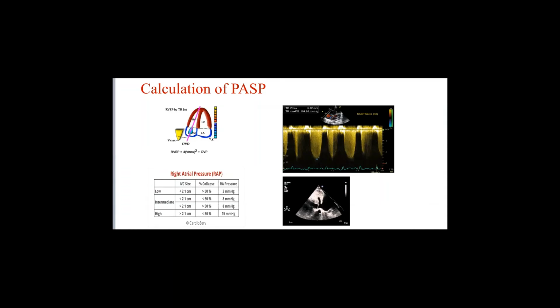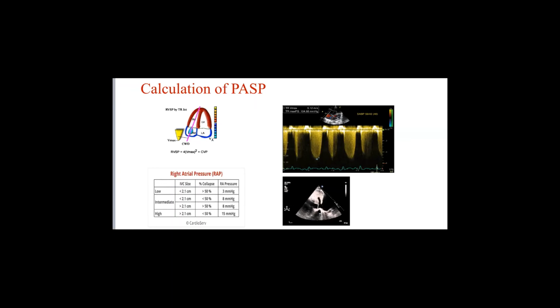So you calculate the peak of TR, and you know where this equation comes from. When you calculate the TR peak velocity, the pressure gradient gives the RV systolic pressure, right? You agree? Yes.